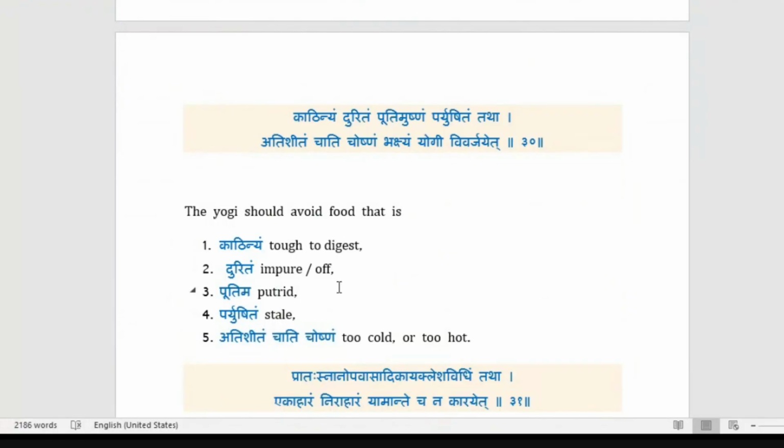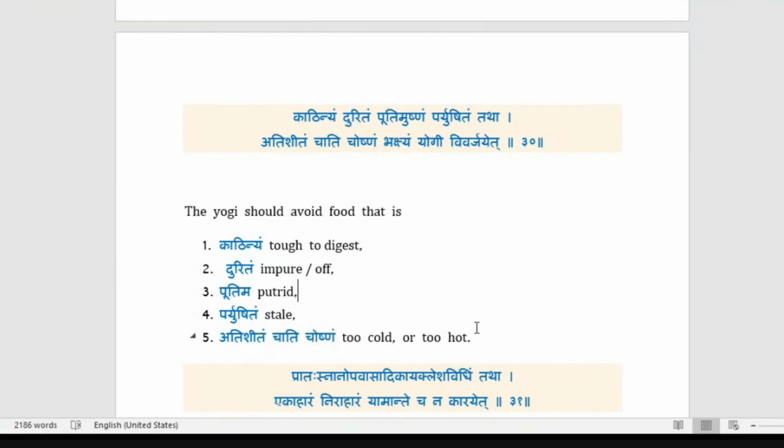And then paryushitam, which is stale. Ati shitam, ati ushnam, too cold or too hot. Shita means cold, so ushna means hot.